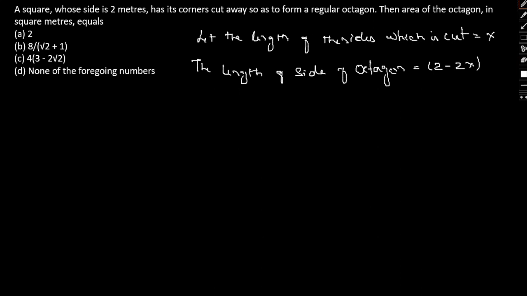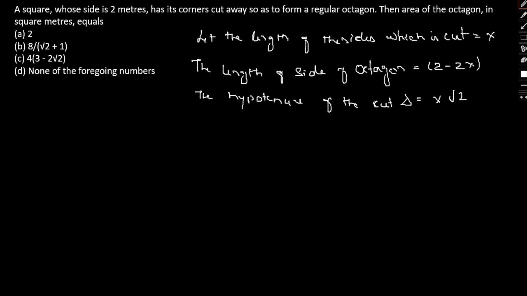Okay, now if we consider the length cut of the octagon as the hypotenuse of the triangle, then the hypotenuse of the cut triangle will simply be equal to x root 2.